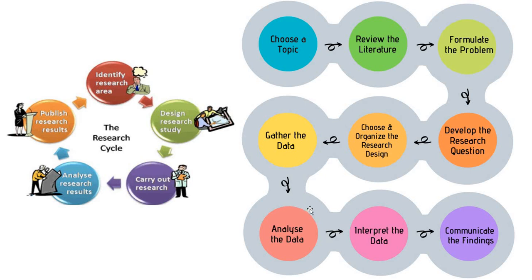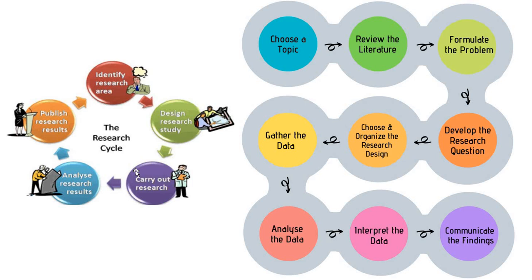Then interpret the data and communicate the findings, from known to unknown. This is the research cycle. First, identify the research area, then design the research study, then carry out the research, gathering and analyzing data.